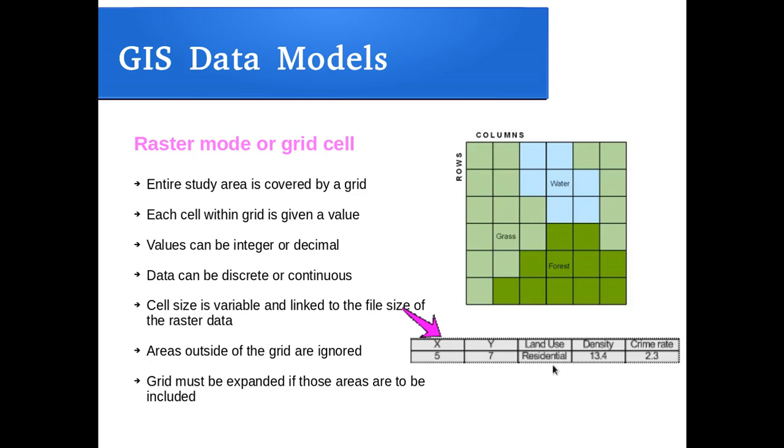For instance, it has the land use, the density, and the crime rate in this case. As you can see, all the real world objects are defined in pixels and finally represented in the database.